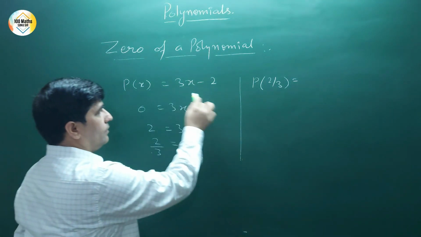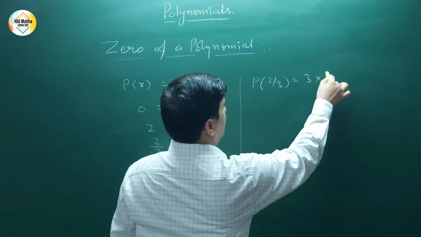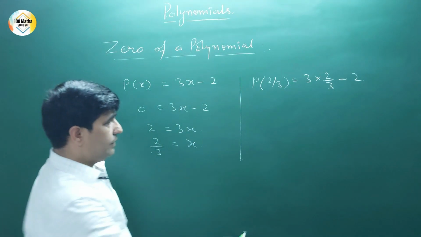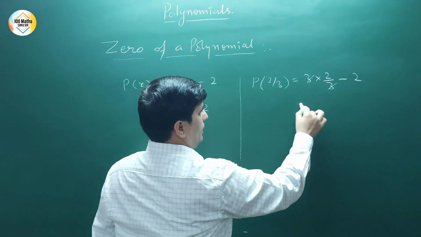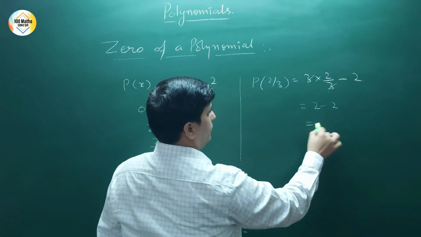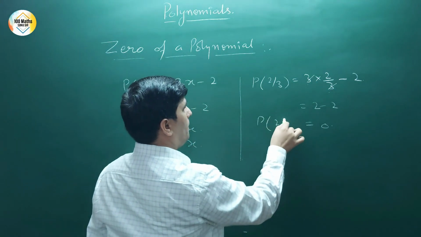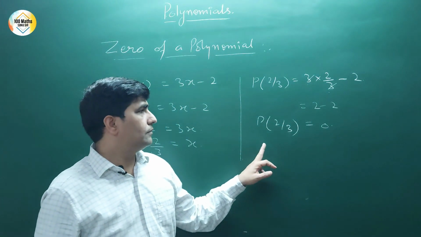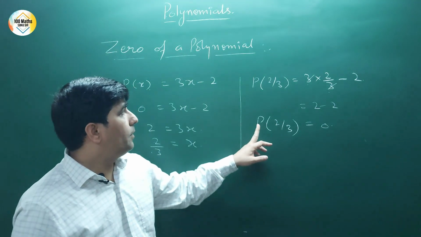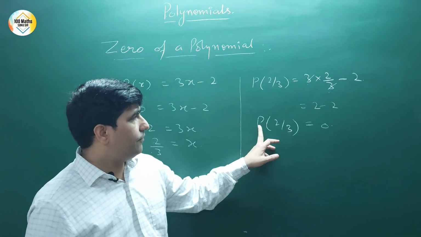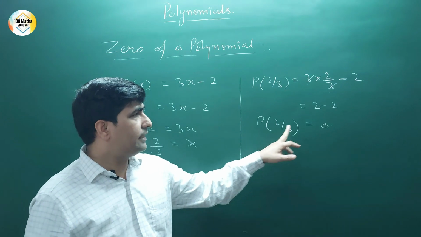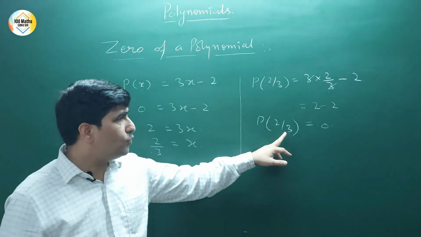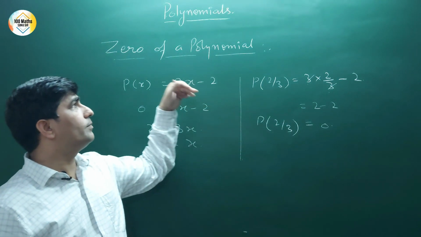So when you calculate, it will be 3 times 2 by 3 minus 2, and you can see 3 will cancel and it is coming 2 minus 2, which means 0. So the value of the polynomial at 2 by 3 is coming 0. We say that this 2 by 3 is the 0 of the polynomial.